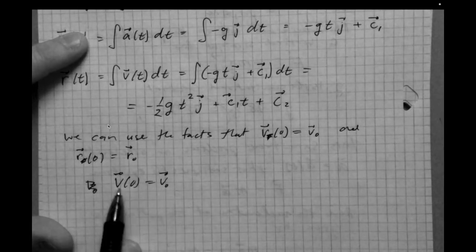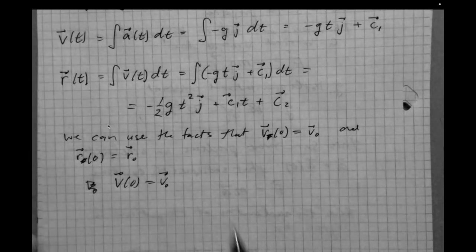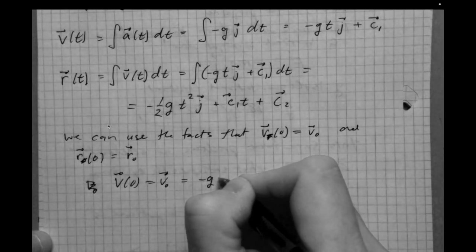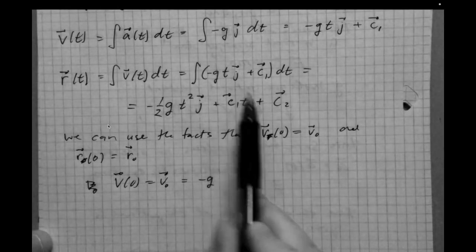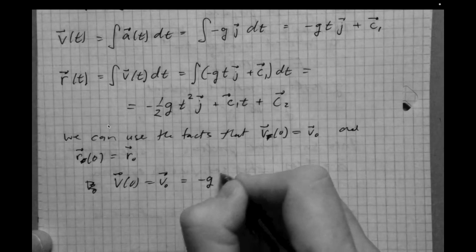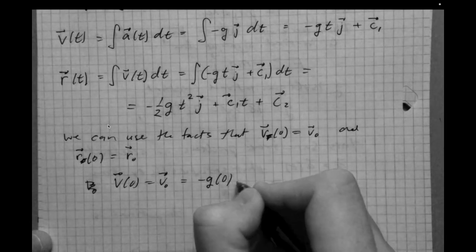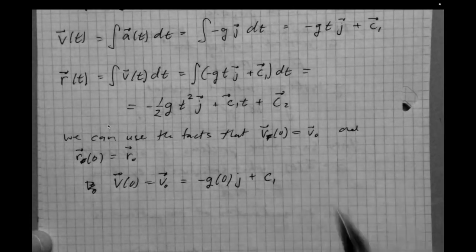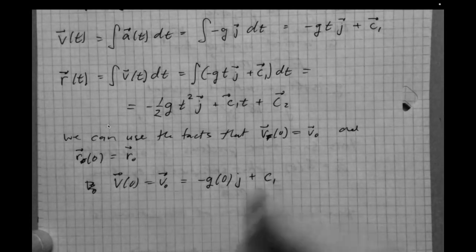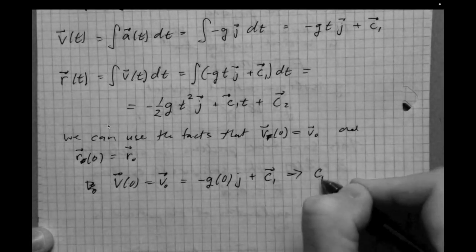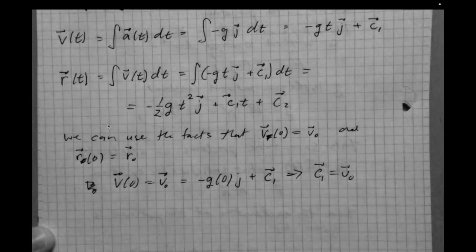This is the function evaluated at 0, so that's going to be equal to negative g times t, where t is 0, times j plus c1. That means c1, which is a vector, must be v0. So that part's straightforward.